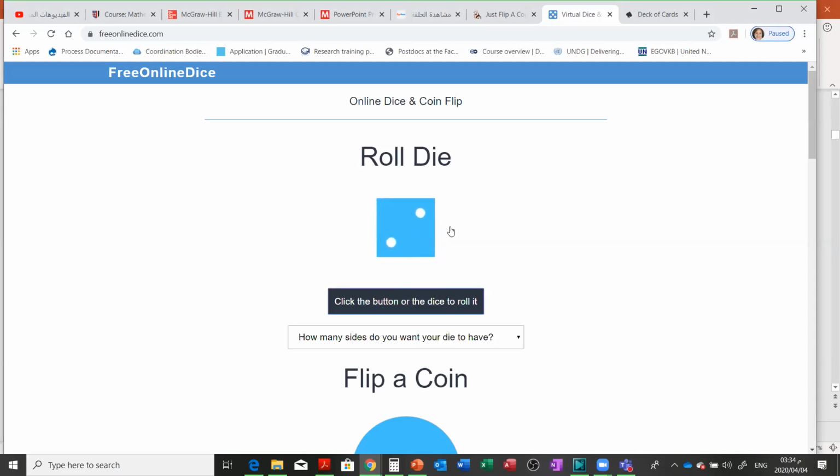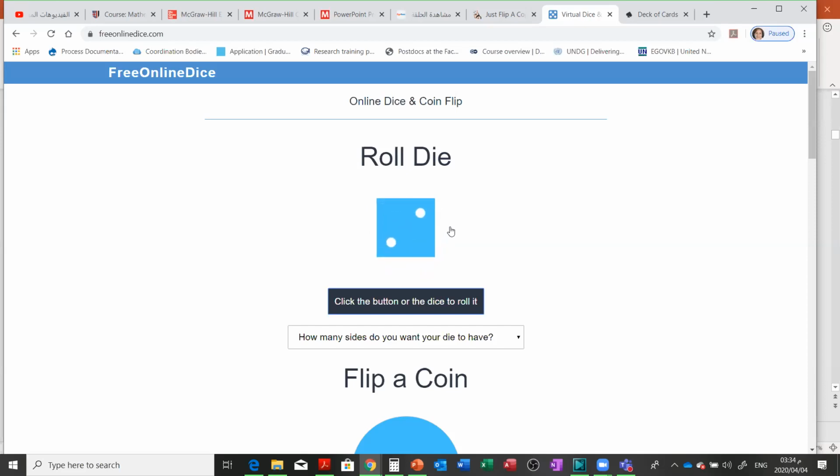What's the probability of getting number 4? It's random, as we said. It's again number 6. So each time we roll the die, we don't know what the outcome will be.